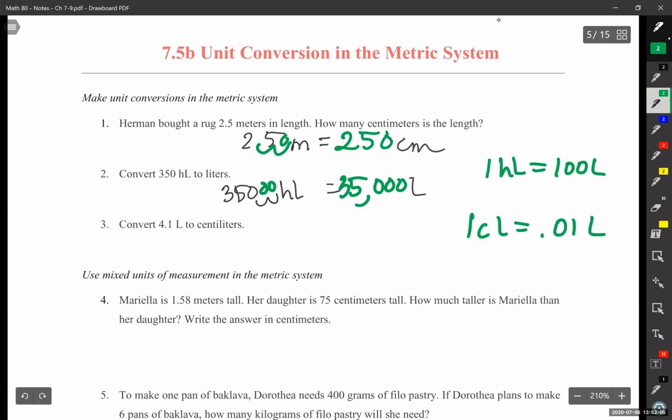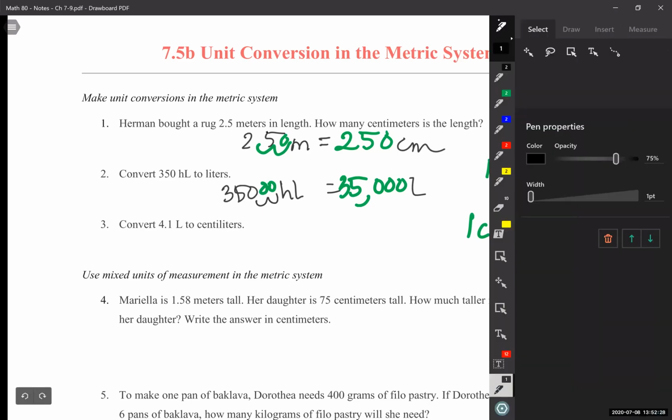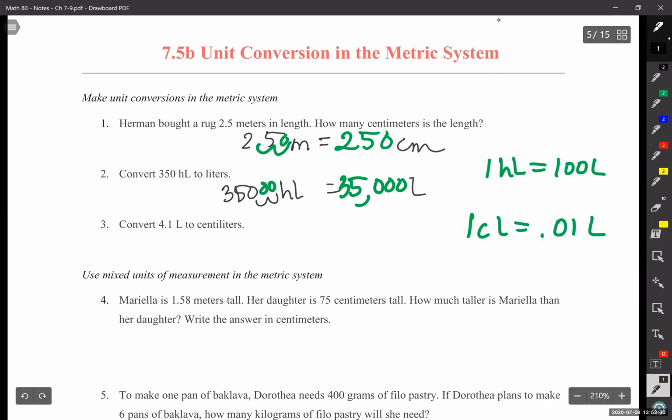To get into centiliters, I need to move my decimal 2 spaces the other direction. Centiliters are very tiny. So 4.1 liters.